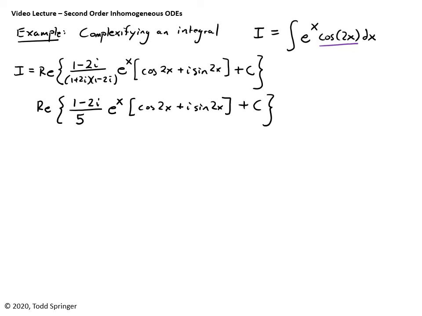Okay, I got to group together the real and the imaginary parts. So I'm going to take the e to the x over 5 out in front here, and then I'm going to have 1 minus 2i times this part again, cos 2x plus I sine 2x plus c. Okay.